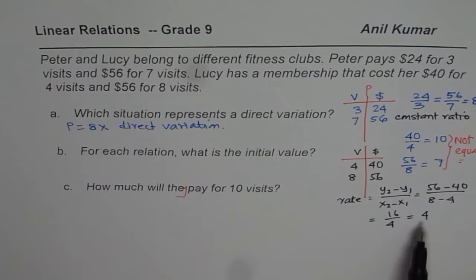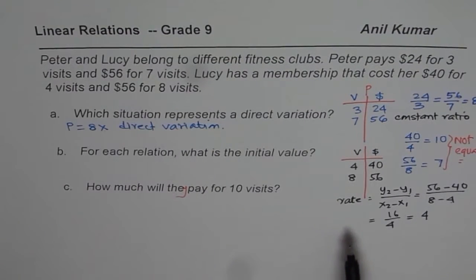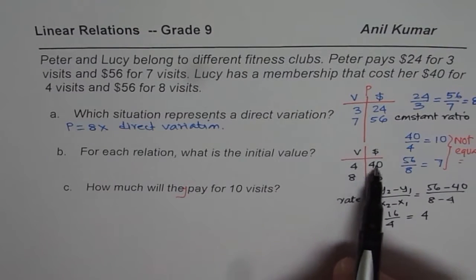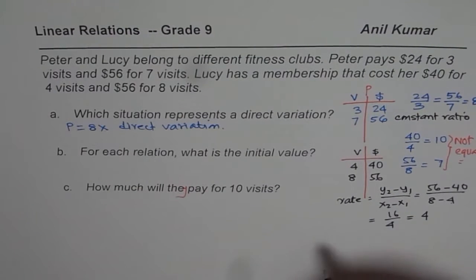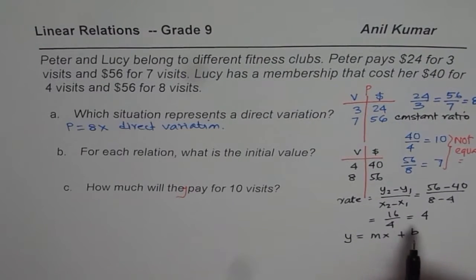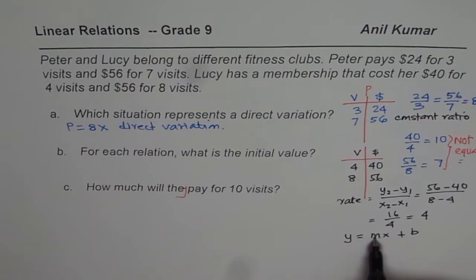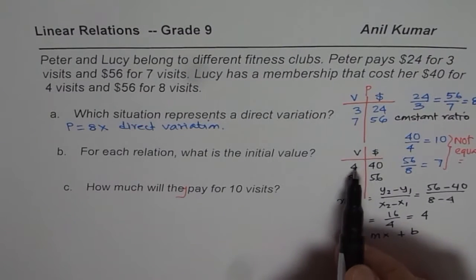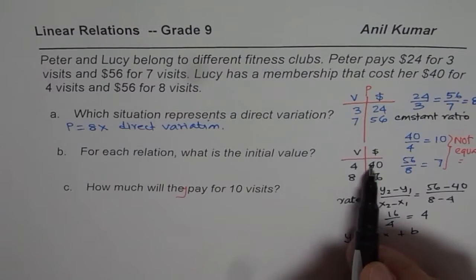Now if the rate is 4, what is the fixed amount? We can use one of the values here to find the fixed amount. So we'll write the equation as y equals mx plus b. We know the rate m is 4. For 4 visits, $40.